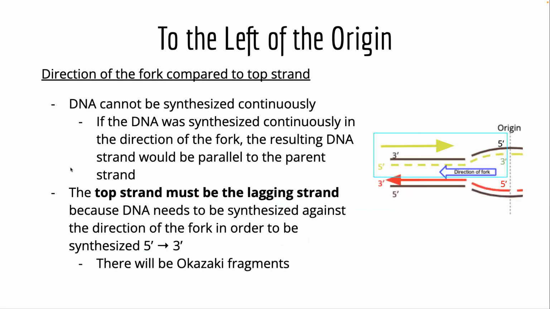So to the left side of the origin, DNA can't be synthesized continuously. If it was, then the resulting DNA would be parallel to the parent strand. We can see that the top strand must be the lagging because it needs to be synthesized against the direction of the fork, which creates the Okazaki fragments.